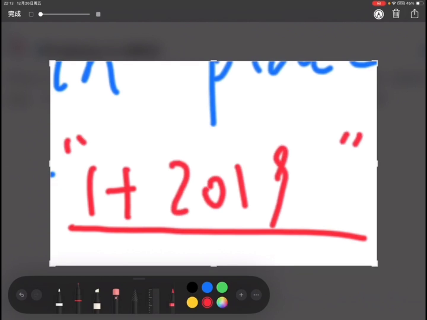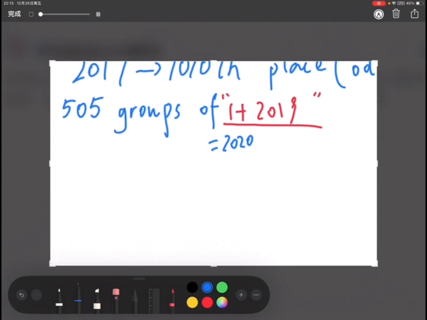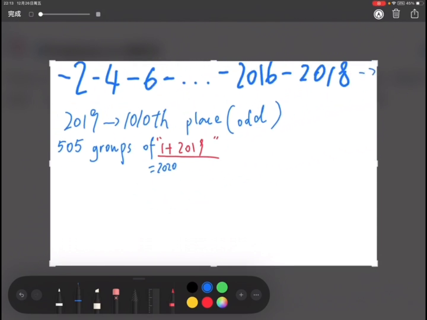Of course, they're not all the same numbers, but they have the same sum, which is 2020. So that's 505 of 2020.